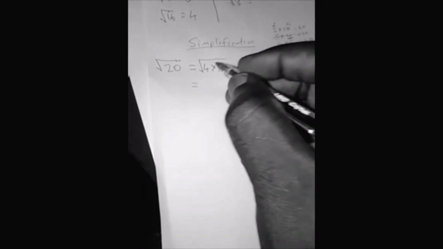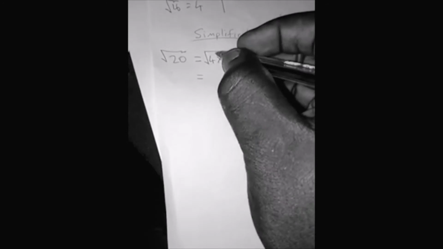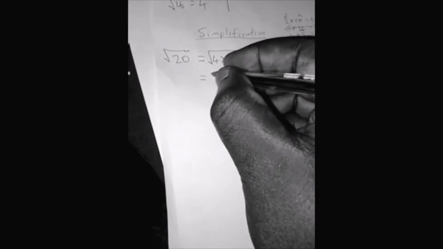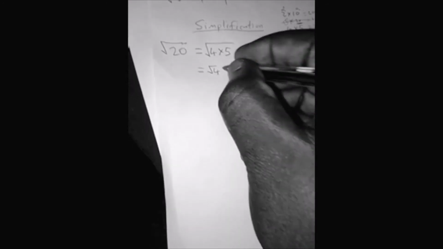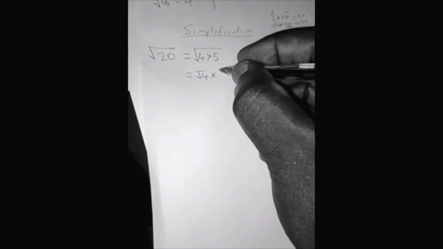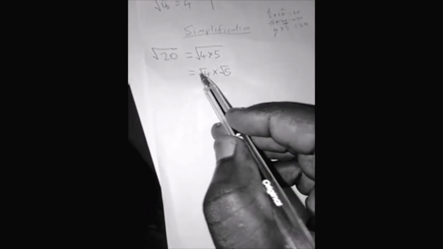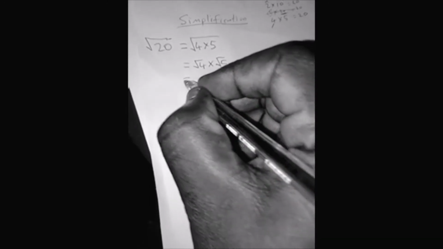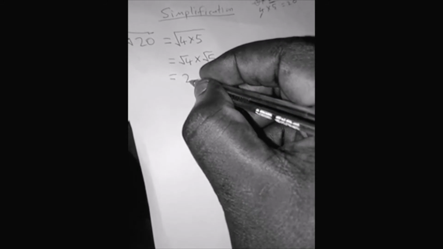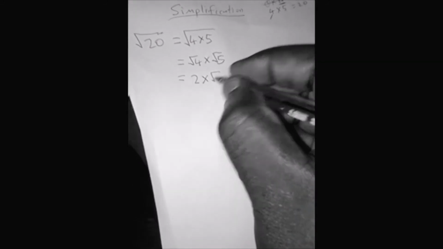The next thing I will be doing is that this multiplication can be brought out, and I can separate this into 2 to have root of 4 times root of 5. And when I check root of 4, I'm going to get 2 times root of 5.